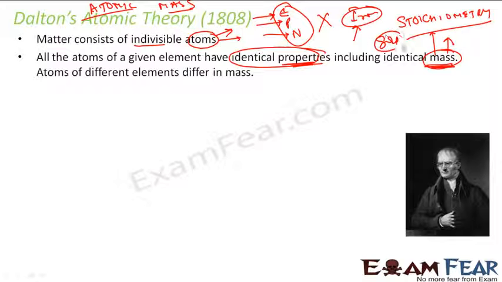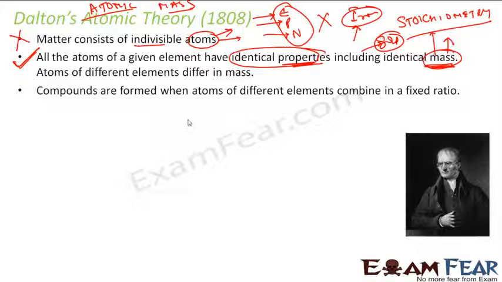If you take gold, all the atoms in the gold will have similar property and similar mass. This is what Dalton proposed in 1808, and this was correct. I'll say this is also incorrect today, because we'll see that scientists have found that atoms are divisible, but this is still correct.